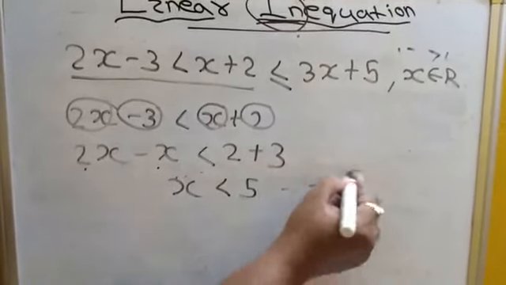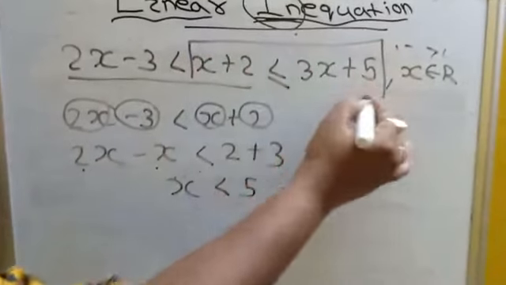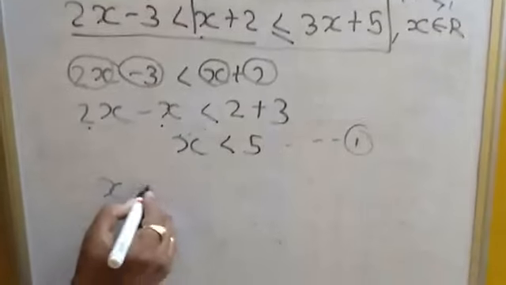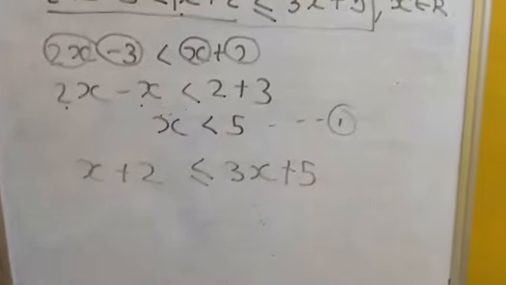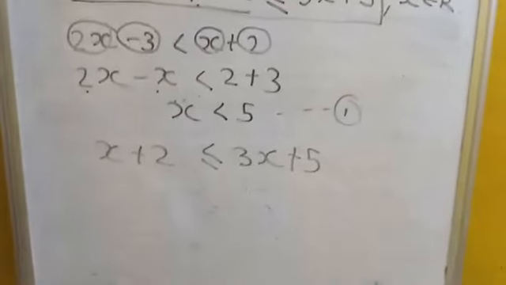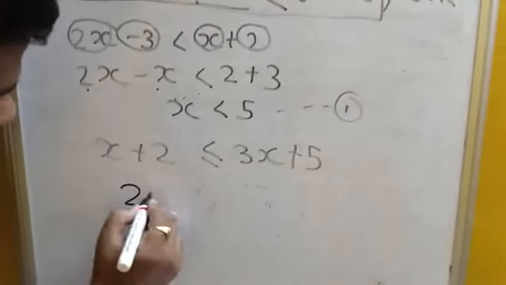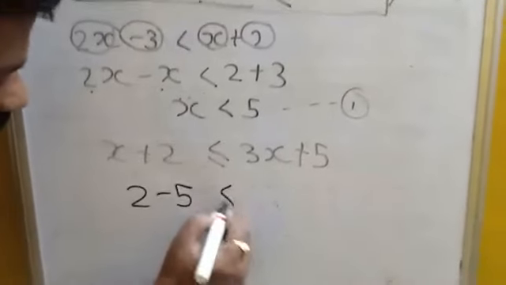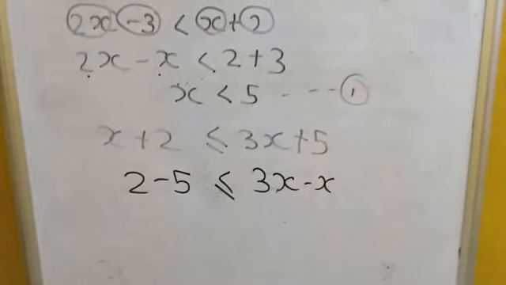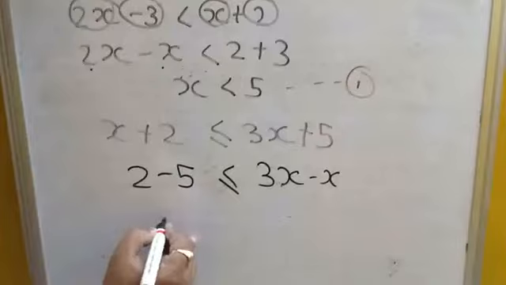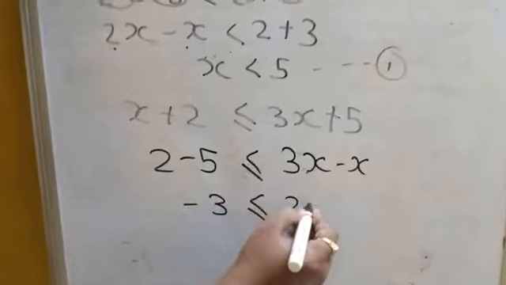I am writing this as equation 1. Next, you start from here: x plus 2 less than or equal to 3x plus 5. Like that you shift: 2 minus 5 less than or equal to 3x minus x. 2 minus 5 is minus 3, and 3x minus x is 2x.